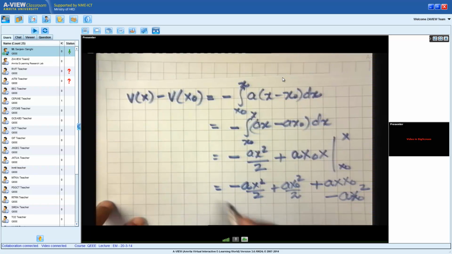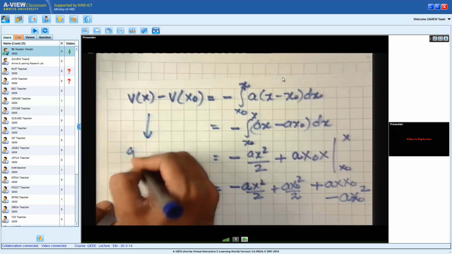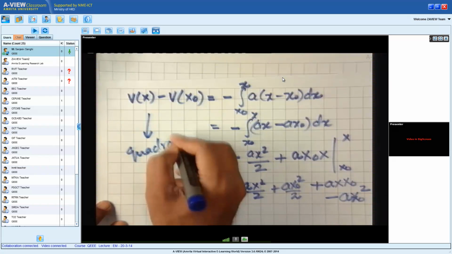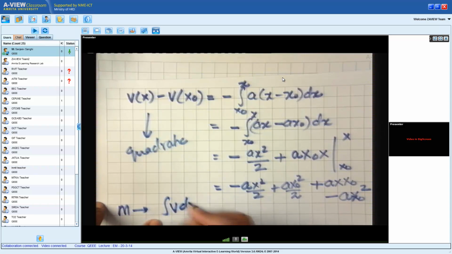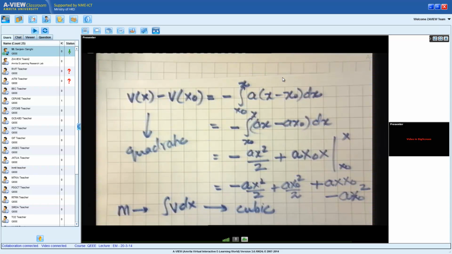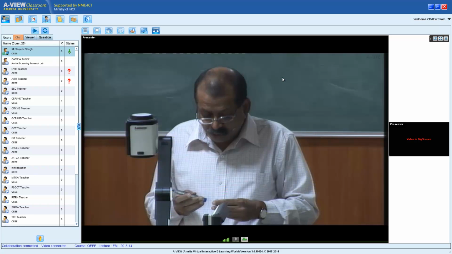So what we get is that the expression for V will become quadratic and the expression for M, which is equal to integral V dx, will become a cubic. So if the loading is linear, then V of x will become quadratic and moment will become cubic.